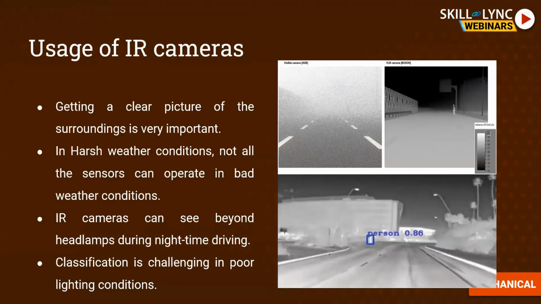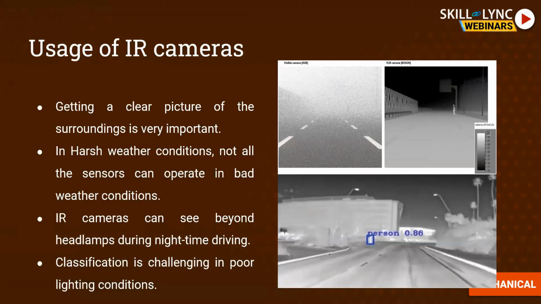But if we have thermal cameras in these scenarios, they can easily detect the pedestrian's heat and signify that we have an object on the road and we need to brake or steer a little. As I've already mentioned, normal cameras are not able to operate in severe weather conditions or during dark nights, and we have just seen an example of how a pedestrian was hit by a car in testing mode.